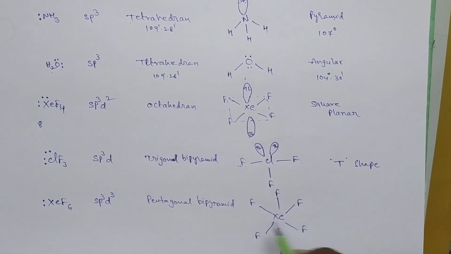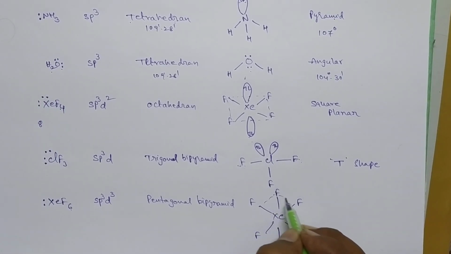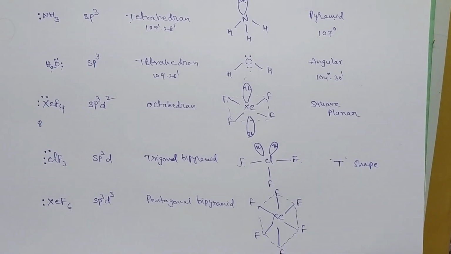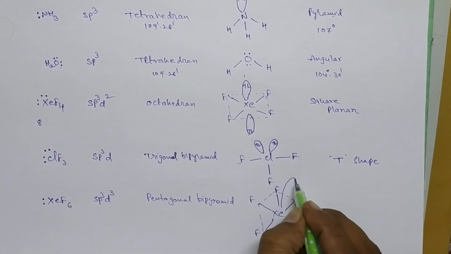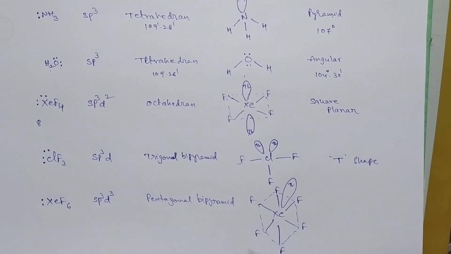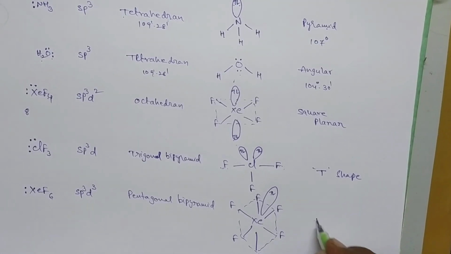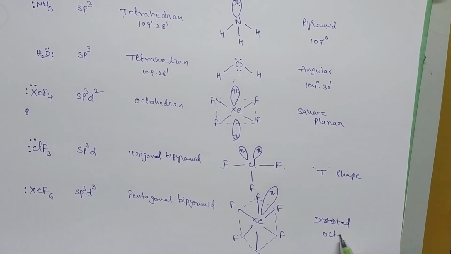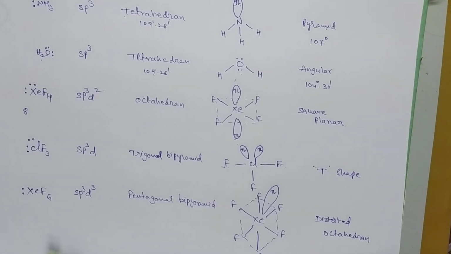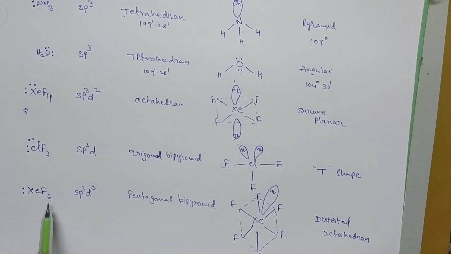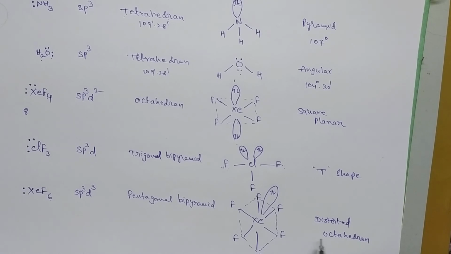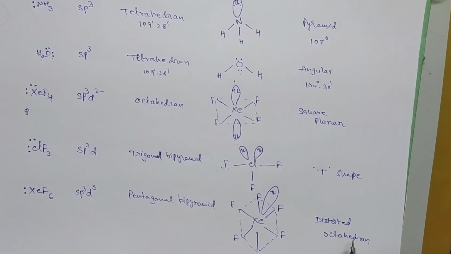If you join these, we get an octahedron, and one lone pair is present perpendicular to the plane of the octahedron. So here there is a distorted octahedron structure. For xenon hexafluoride, the structure will be a distorted octahedron geometry.